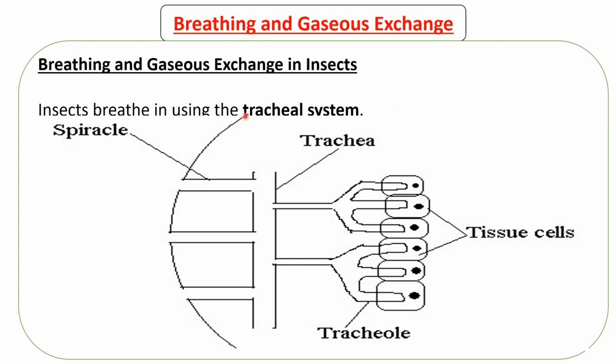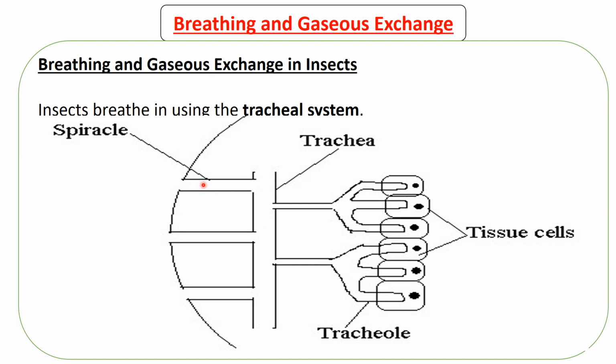So on the outside body of the insect, there are these small holes which are called spiracles. These small holes lead until they meet what is called the trachea. Remember the trachea in humans also.